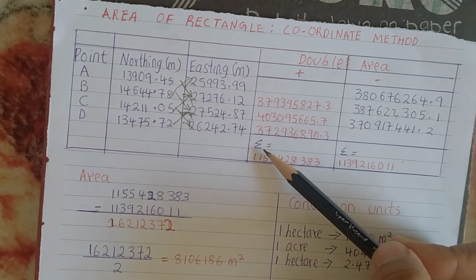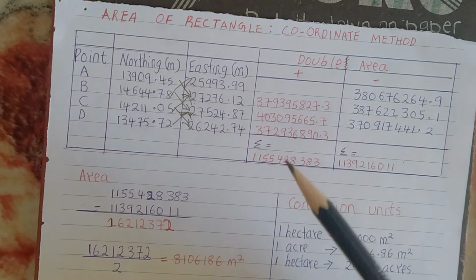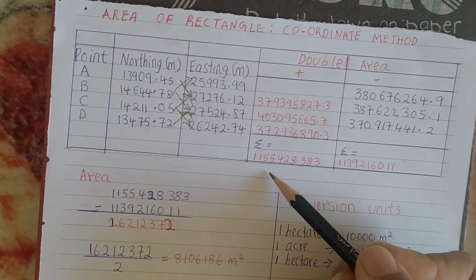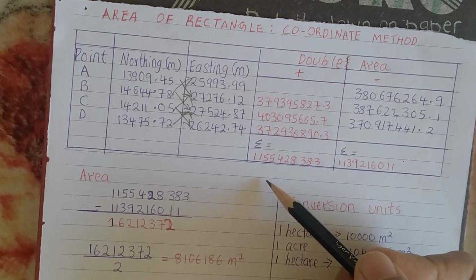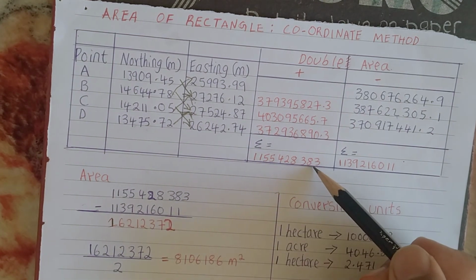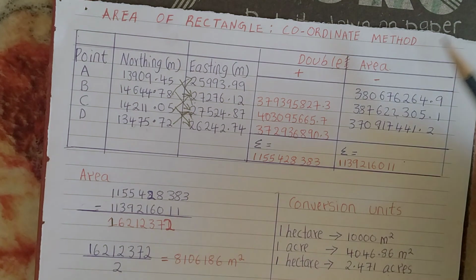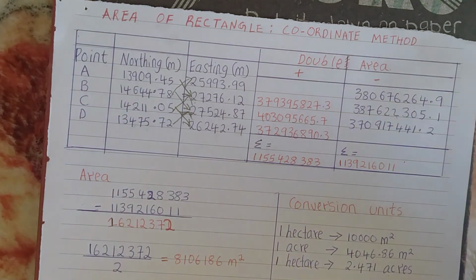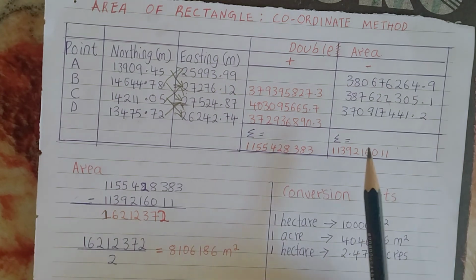So the summation of the positive column I've gotten as 1,155,428,383. Same for the negative, you add all these values, then you get it as 1,139,216,011.